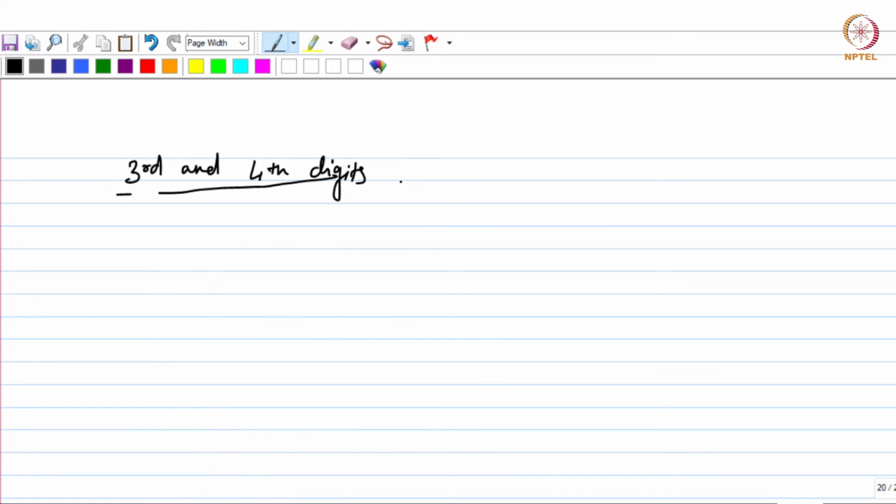While in pure aluminium, that is in the 1000 series, these two digits indicate the purity level, in the alloys, these two digits, that is the third and the fourth digits, do not really have any particular significance.